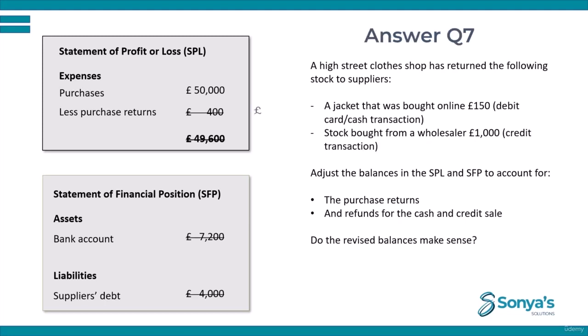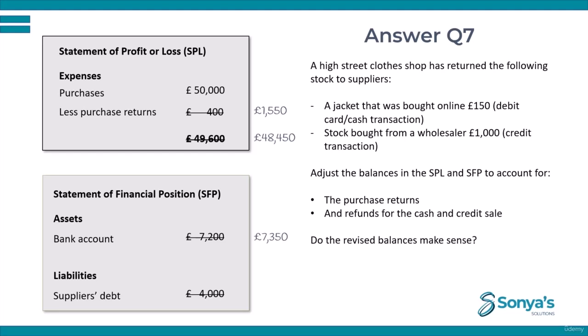All of the returns are added to the purchase returns account, giving a revised balance of £1,550. The revised balance for total purchases is £48,450. £150 will be refunded to the bank account.